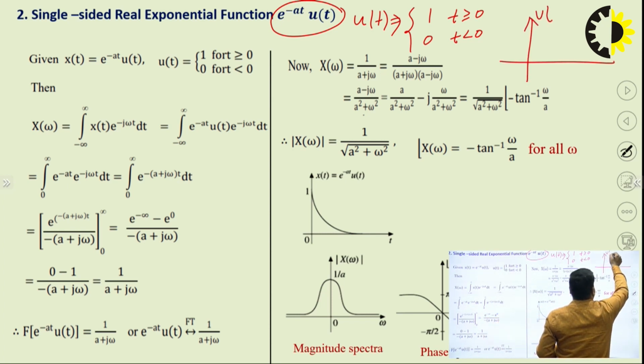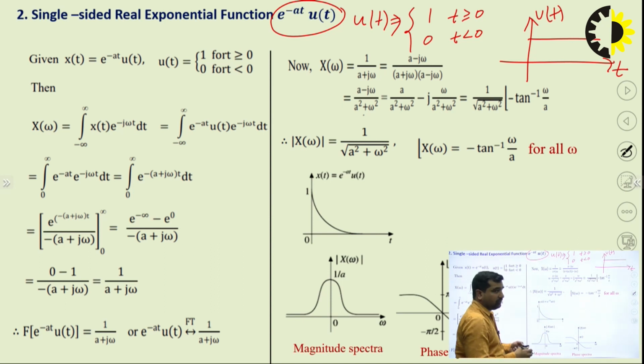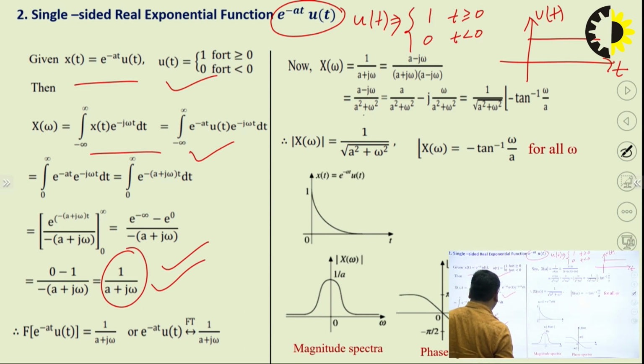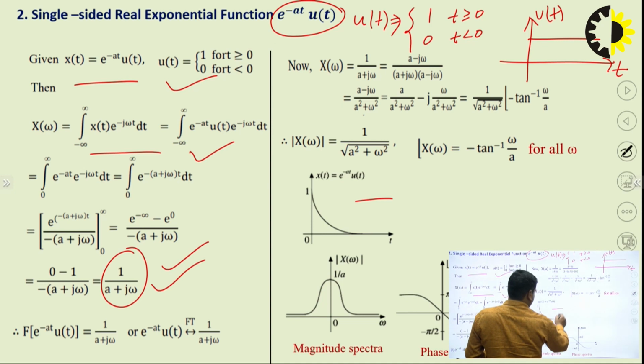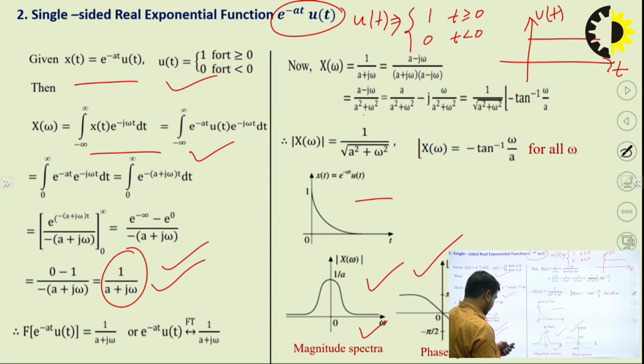So you can draw it like this. It means that the waveform of e^(minus at) exists at all positive time. By the formula for the exponential function x(t), we found that the Fourier transform of x(t) becomes 1/(a plus j omega). So these are the graphs of the magnitude spectrum, and these are the phase spectrum.